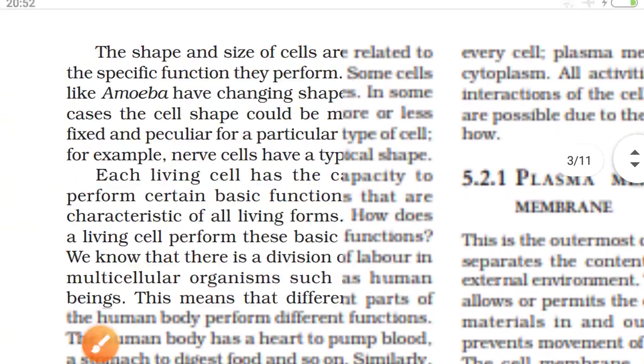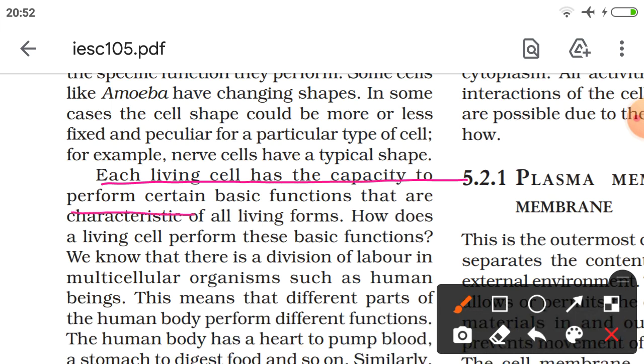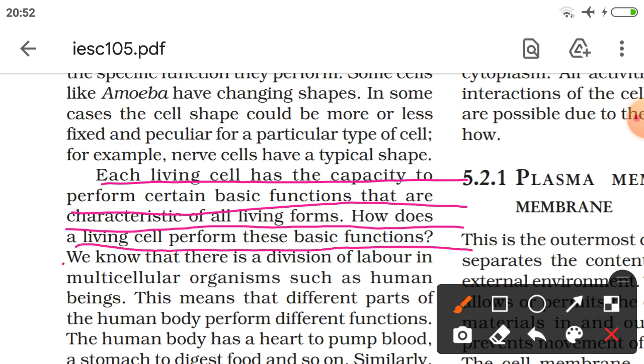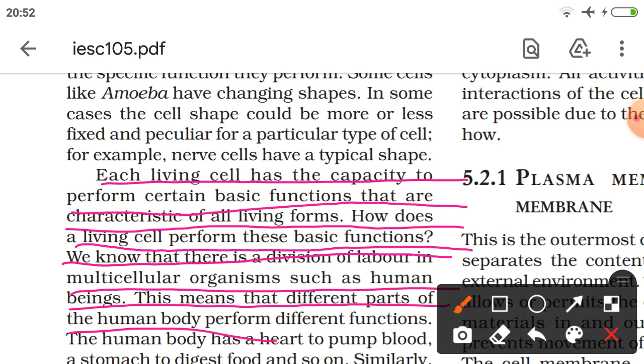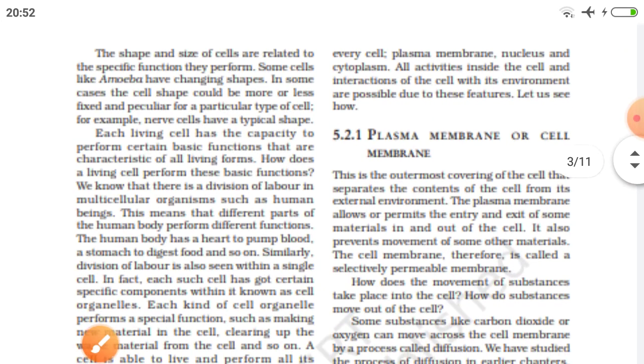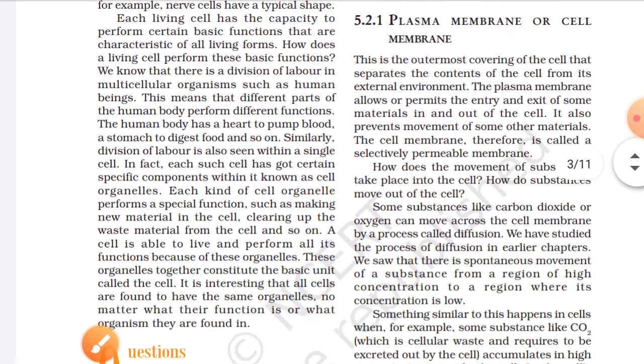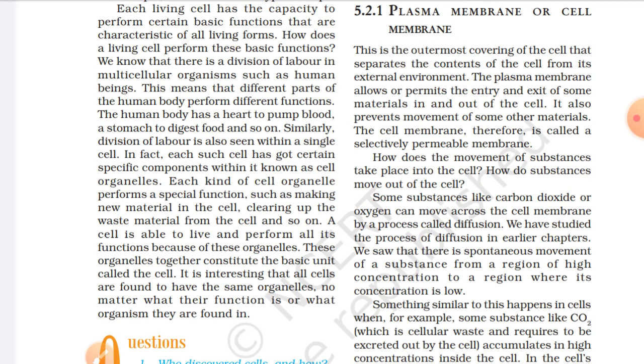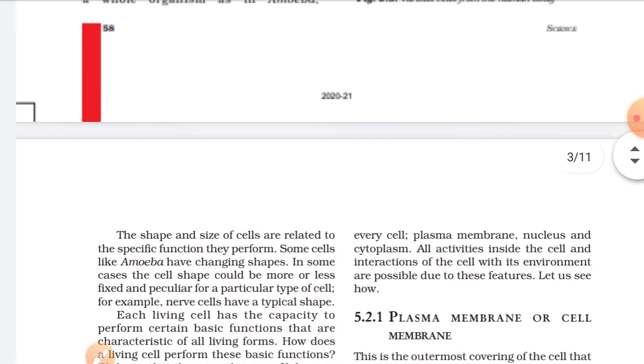Each living cell has the capacity to perform certain basic functions that are characteristic of all living forms. How does a living cell perform these basic functions? We know that there is a division of labor in multicellular organisms such as human beings. This means different parts of the body perform different functions. Let me tell you the summary of this paragraph because we have less time left.